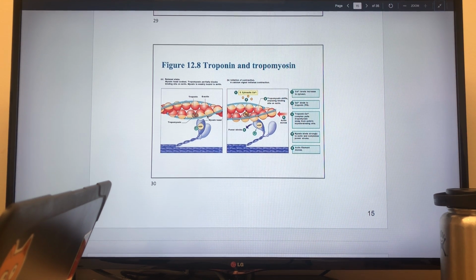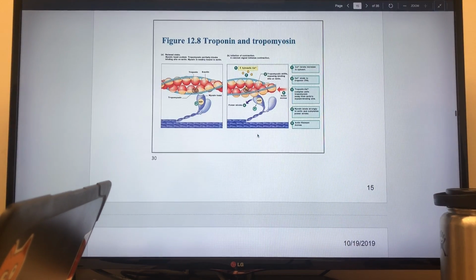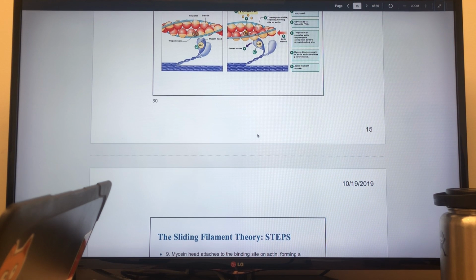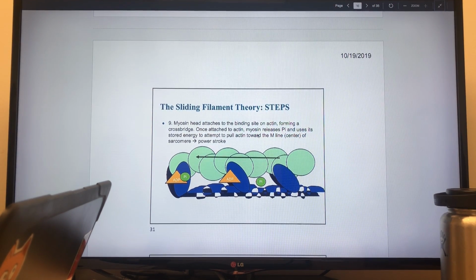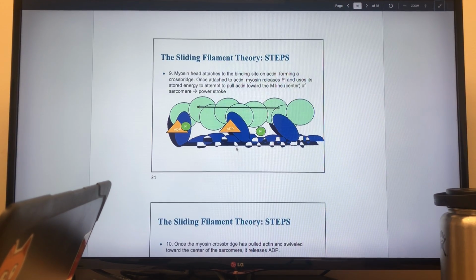Then ATP will bind to it, and it'll release a phosphate. But just know there's a swivel action. That's exactly all you have to know, that it needs ATP and ADP to bind.